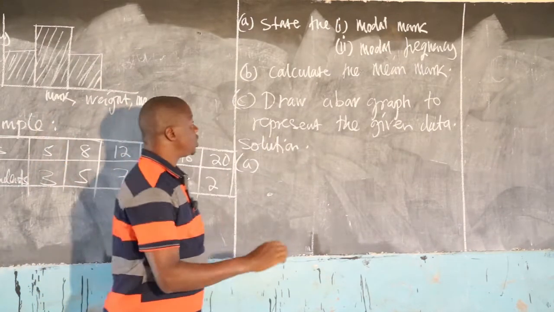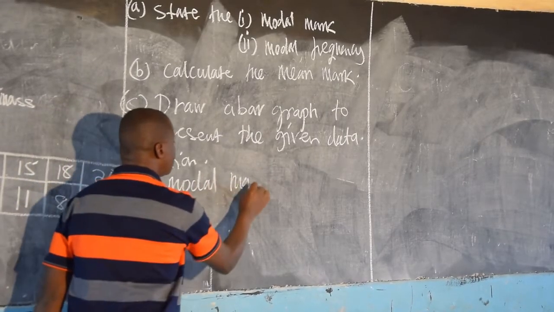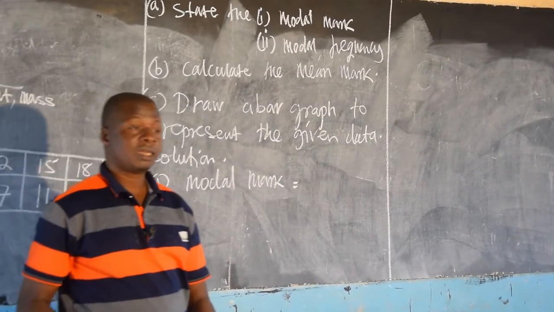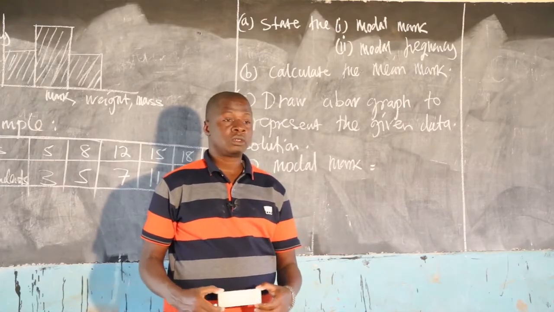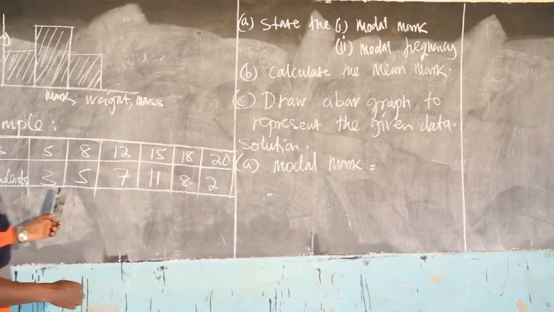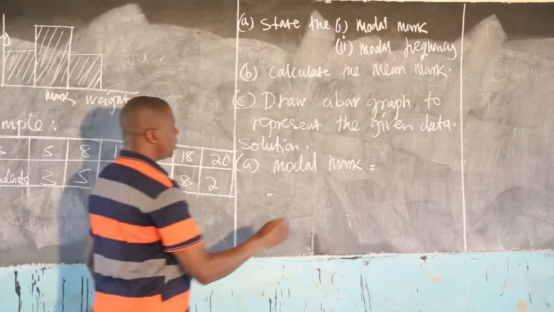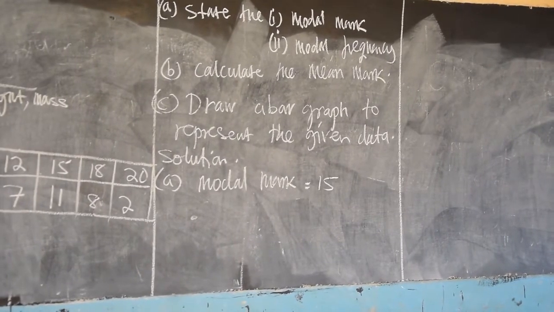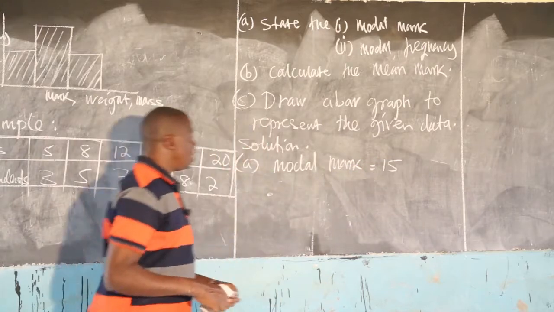we shall say that the modal mark, by definition, is the mark which appears most, or the one with the highest frequency. When you look at our table, our modal mark is 15. We shall say 15. If the units are given, for example percent, we should also indicate percent.